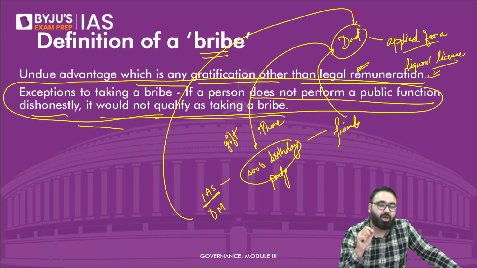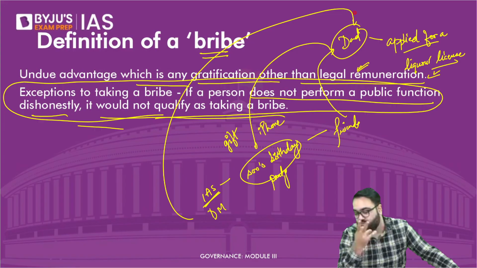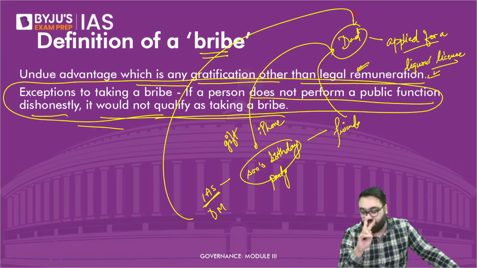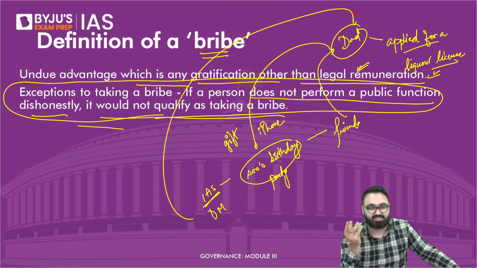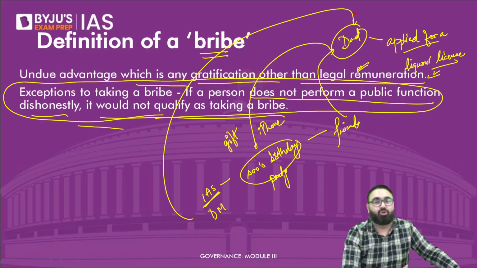As long as you are performing your function honestly, this will not be called a bribe. Now, there are two ways to look at this. One way is the example that I gave you, that the civil servant can do their job properly. Then I'll tell you one more way to look at this.